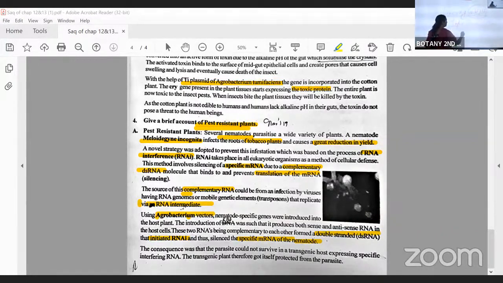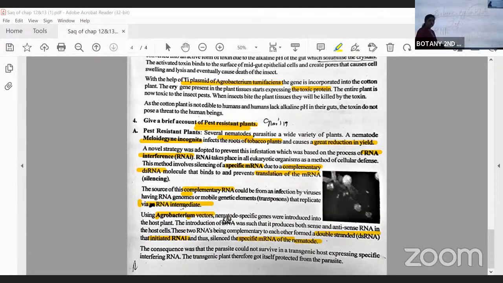the complementary RNA strand, which silences the mRNA present in the nematode and stops the translation process of the nematode gene.